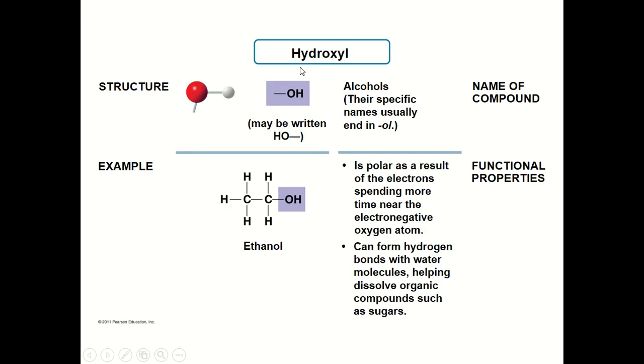First, let's look at the hydroxyl group. The hydroxyl group has the structure OH. As you can see in the example of ethanol, we have 2 carbons as a backbone, and usually the valence electrons of the carbon form bonds with hydrogen.